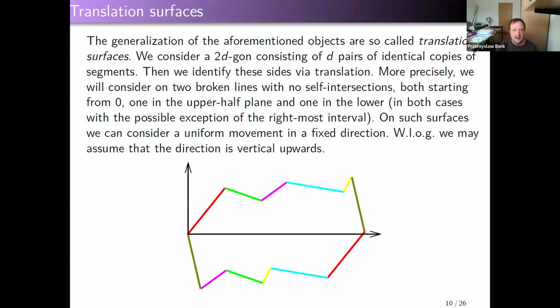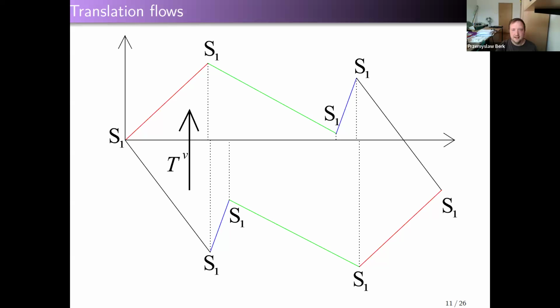Here I should have another picture where you can see another surface. This consists of 4 intervals, and you can see a very big clumsy arrow that tells you which direction you are moving. Without any loss of generality, we typically assume that the direction of the flow is vertical, just for simplification.